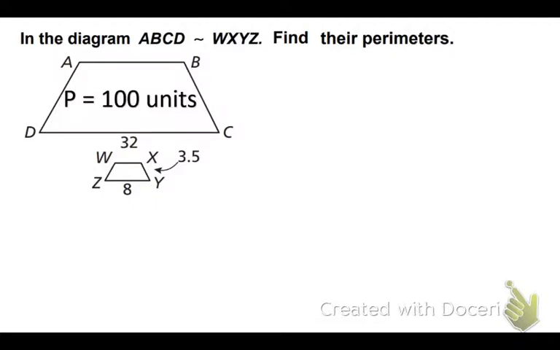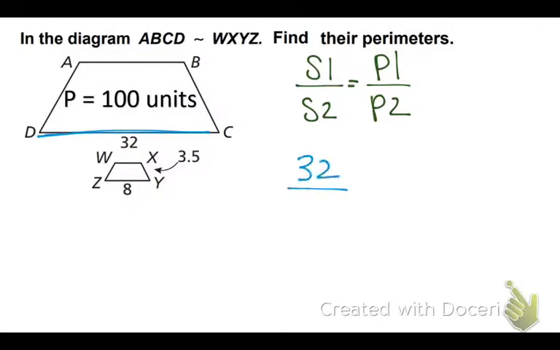All right, so what we do, the perimeter formula is side 1 over side 2 equals the perimeter of the first over the perimeter of the second. So, what is the length of the first figure side? 32. So if I use 32 in the first figure, what do I have to use in the second figure? 8.